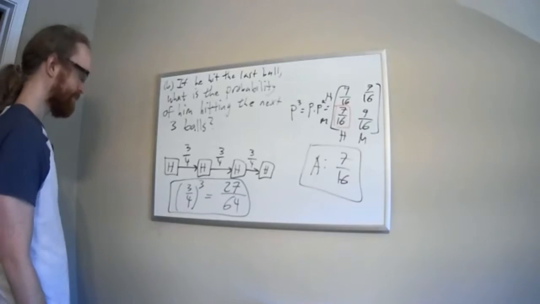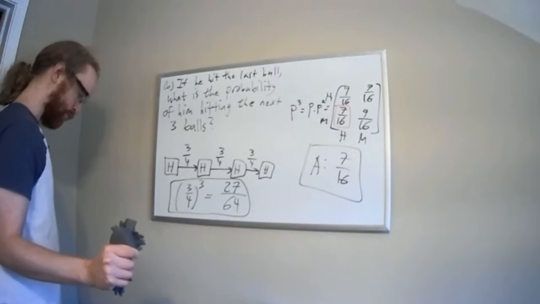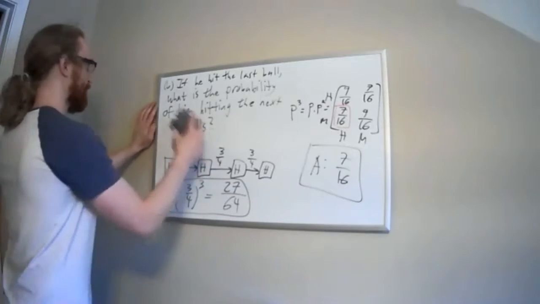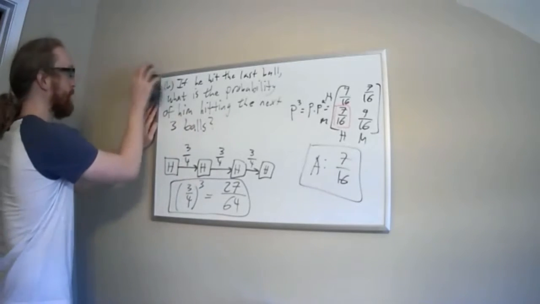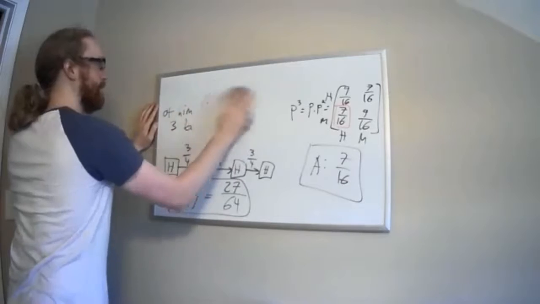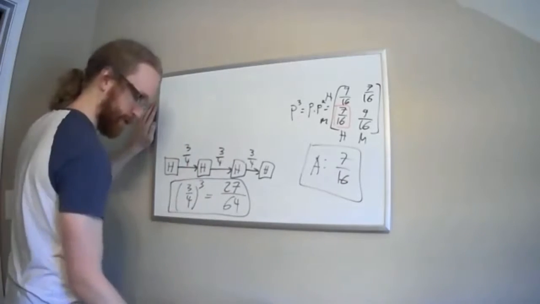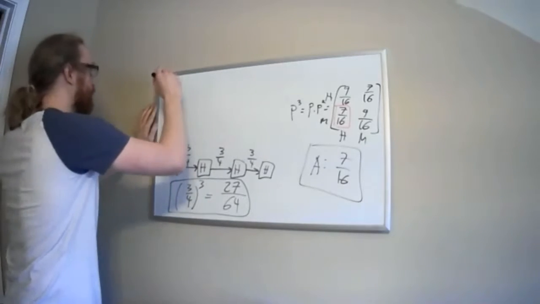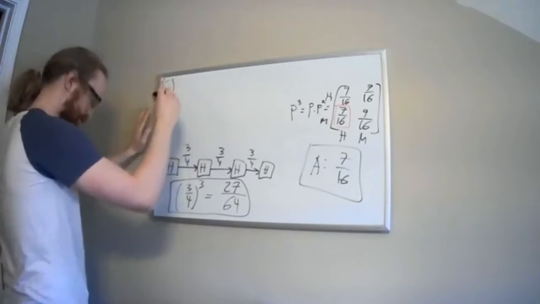Okay. I want to ask one more question based off this scenario with the baseball stuff. And then I'm going to do one different example, and then I will be done. So here is the third question on this scenario.